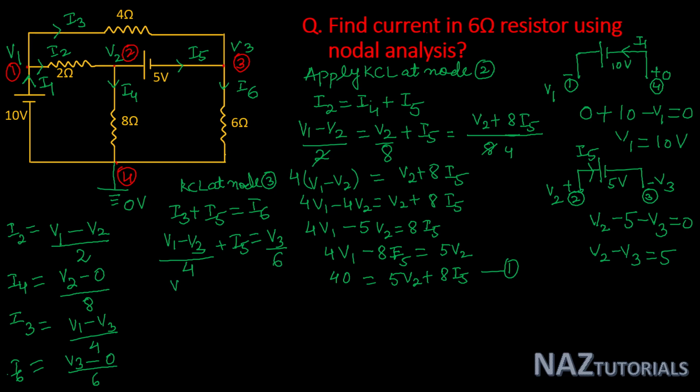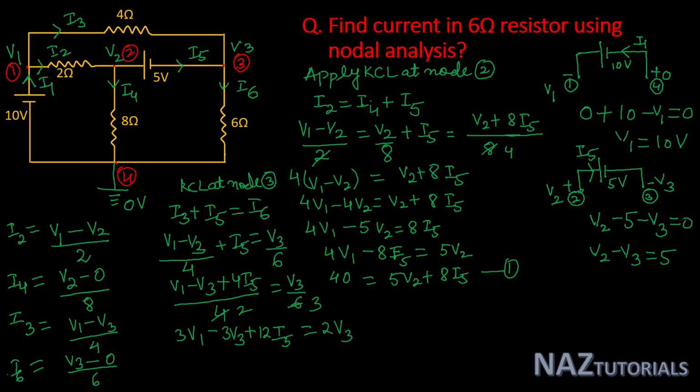So take the LCM, that is V1 minus V3 plus 4I5 equals V3 divided by 6. 4, 2 3s are 6, this is 3V1 minus 3V3 plus 3 4s are 12I5 is equal to 2V3.